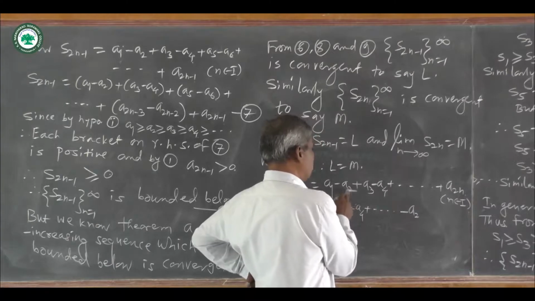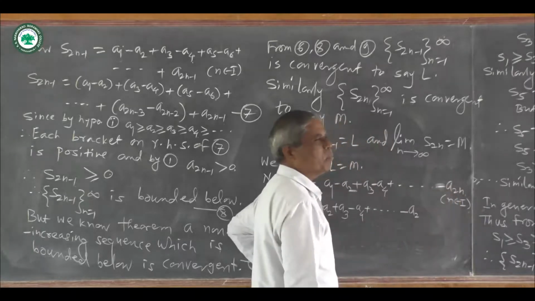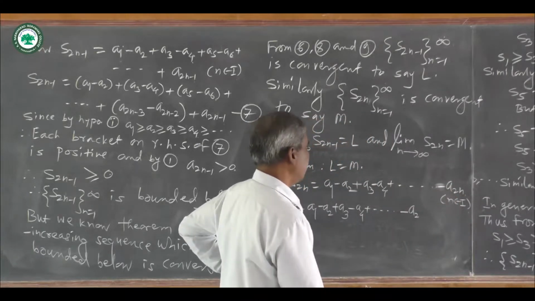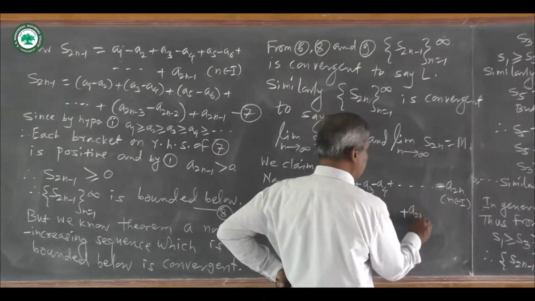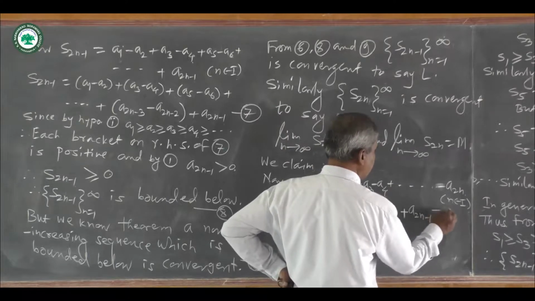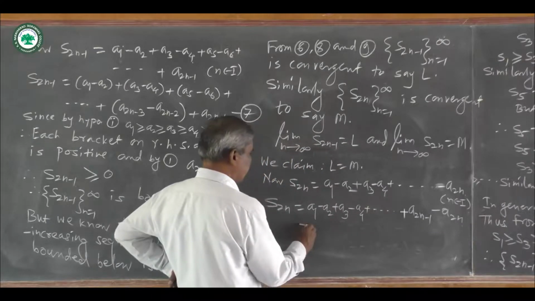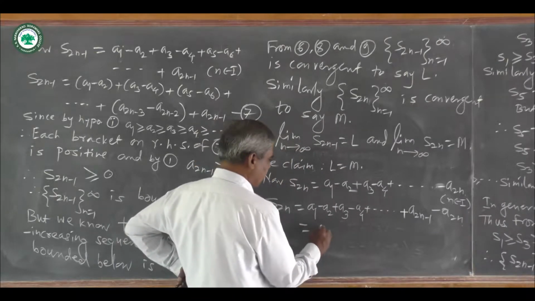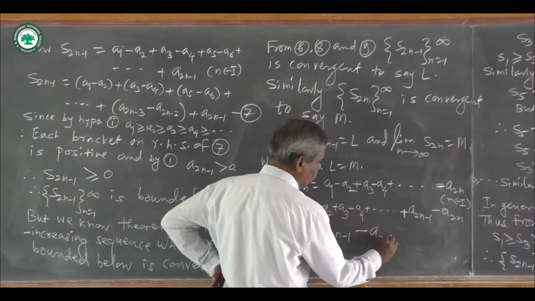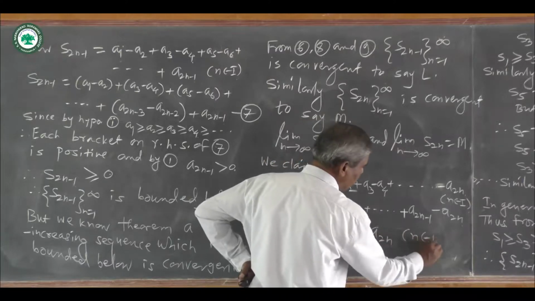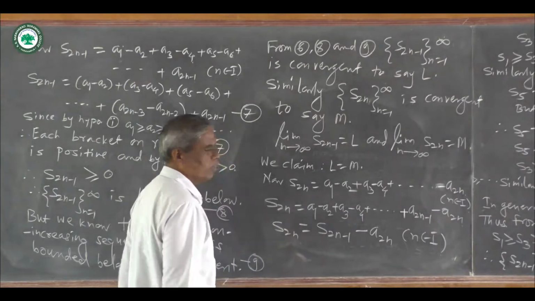A suffix 2 even terms are negative, therefore a suffix 2n is negative. Last but one term is a suffix 2n minus 1 minus a suffix 2n. This is equal to S suffix 2n minus 1 minus a suffix 2n for every positive integer n.